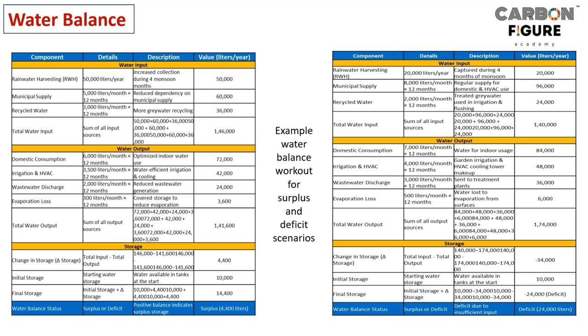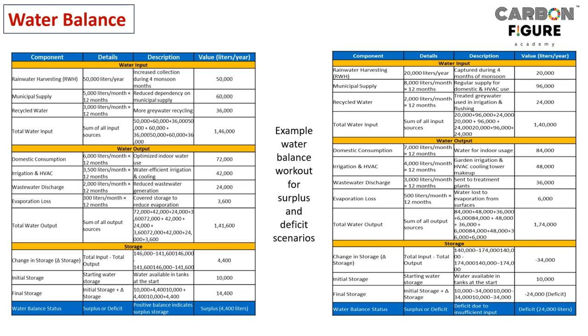Let's talk about the input parameters. For rainwater harvesting, we have 50,000 liters per year. That is another assumption, and it should be a valid assumption based on your location, typical meteorological statistics and the average rainfall for that particular area.